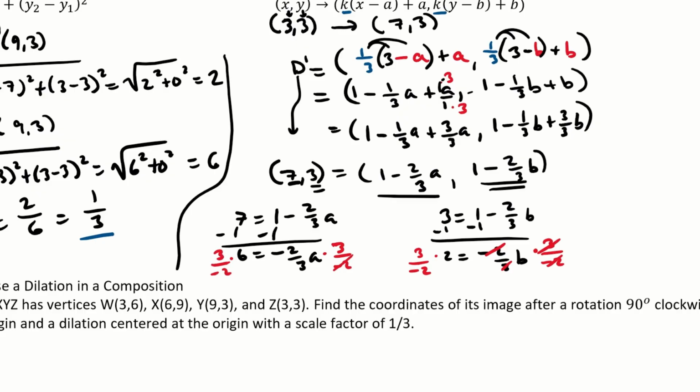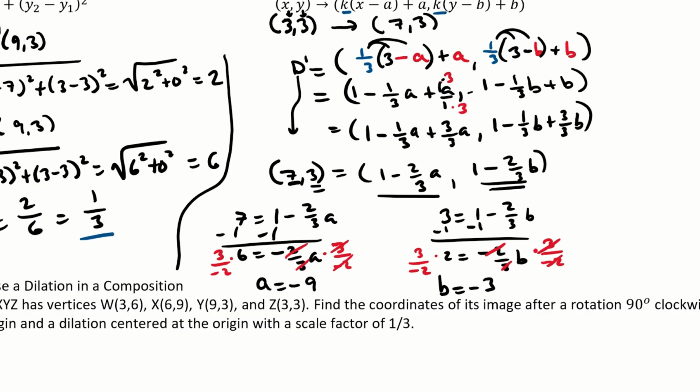So we cancel that, cancel that. And now 6 times 3 is 18, and 18 divided by negative 2 is 9. So a is negative 9, sorry. And then 2 times 3 is 6, and 6 divided by negative 2 is negative 3. So b is equal to negative 3.